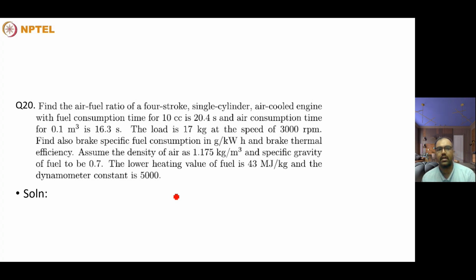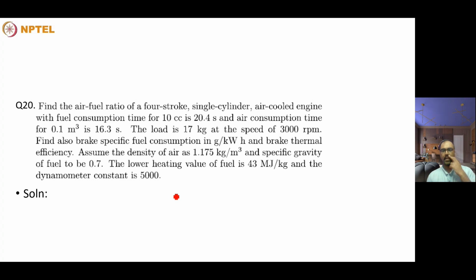In this particular problem, we need to calculate the air fuel ratio of a four-stroke single cylinder air cooled engine, with a fuel consumption time for 10 cubic centimeter to be 20.4 seconds, and air consumption time for 0.1 meter cube is 16.3 seconds.